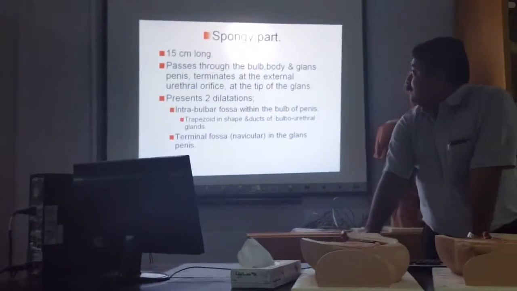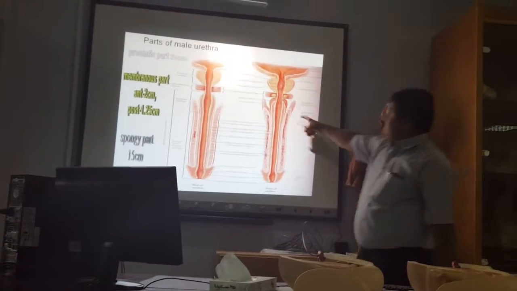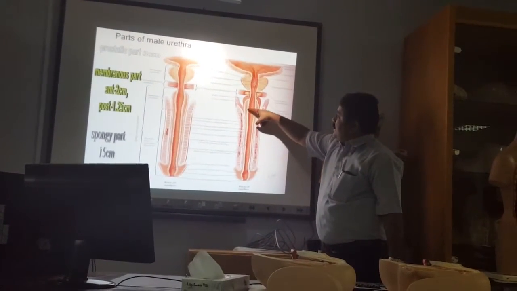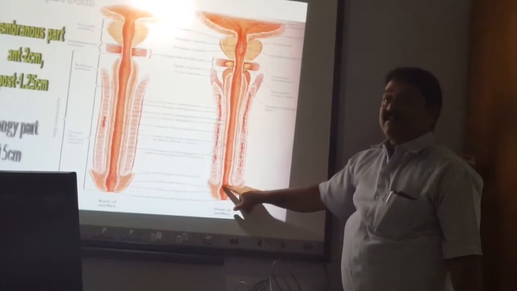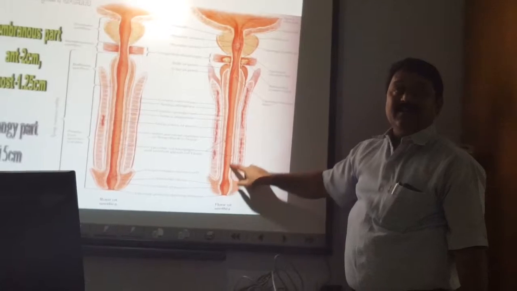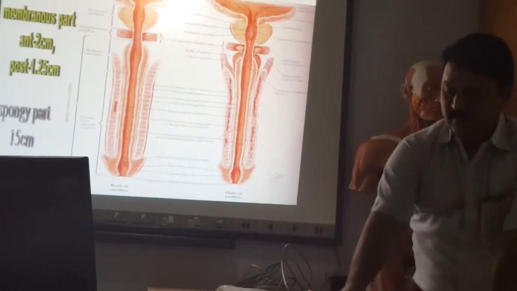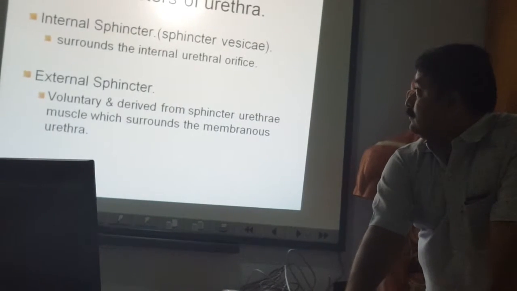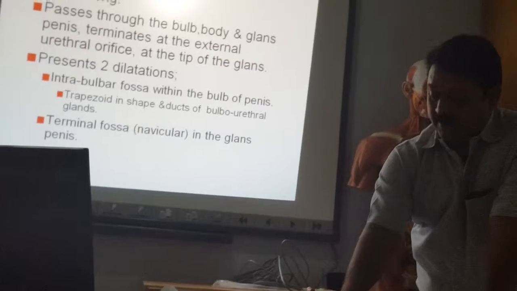See here, at the bulb of the penis and at the glans of the penis, there is a dilatation. You will show the dilatation in the spongy part of the urethra. This is about the spongy part of the urethra.